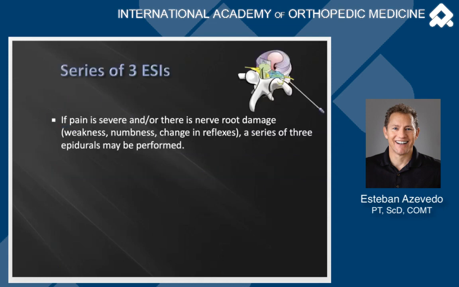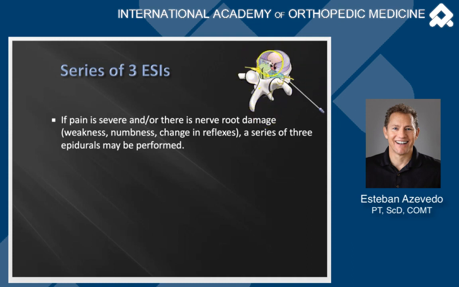There's one case where sometimes you want to get a series of 3 epidurals all scheduled at once. And usually that's when you have the disc extrusion. Because remember, that disc material is leaking out of the disc onto the nerve root. And it's not just a small bulge, but it's got the nucleus on there constantly. And so the pain physicians will set up the injections, usually about 2-week intervals, and just do a shot, 2 weeks later, do a shot, 2 weeks later, do a third shot.